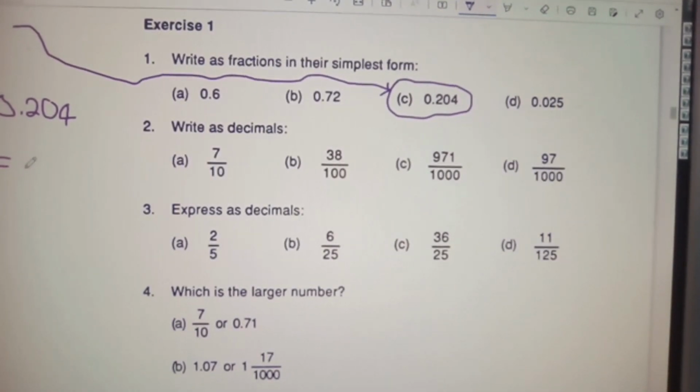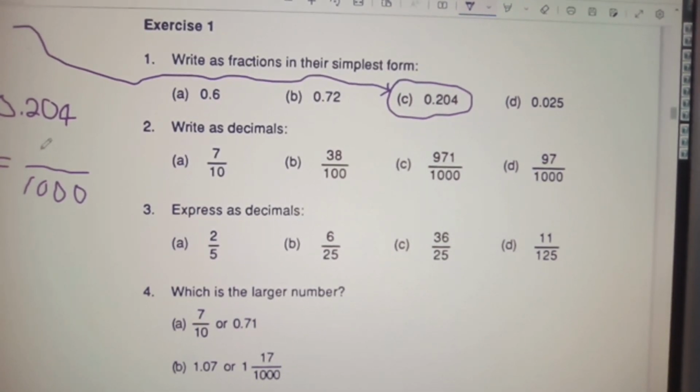Therefore, it will then come as over 1,000 because we have had to add 3 noughts. Excuse my funny looking knot, okay, but it is a knot.